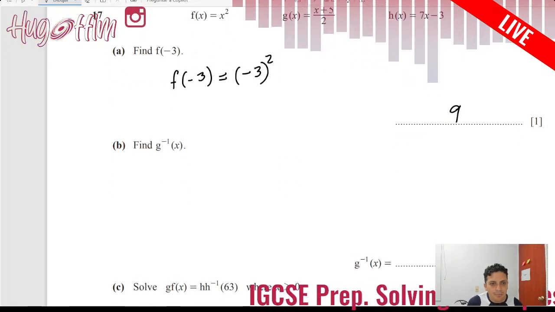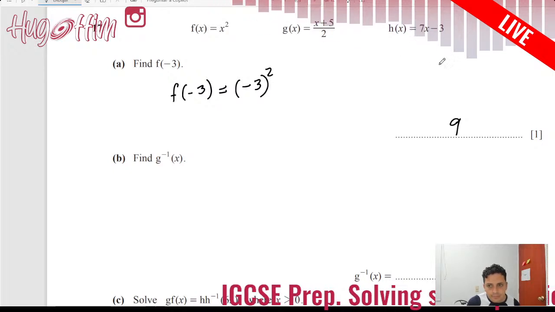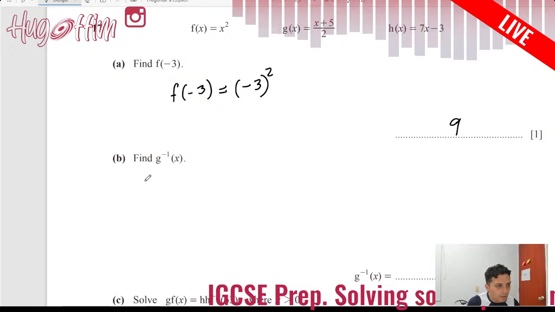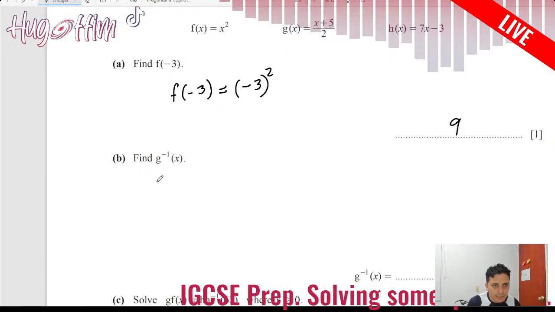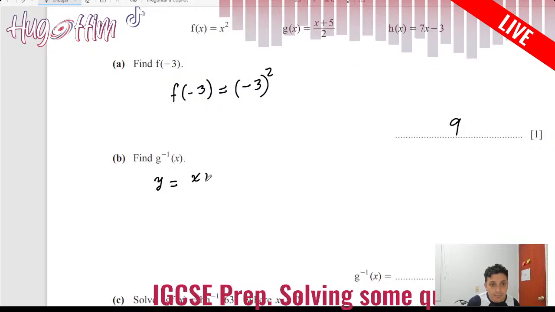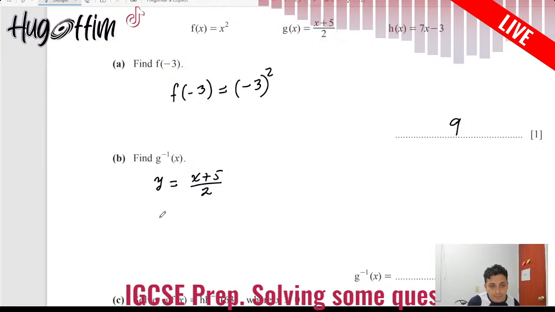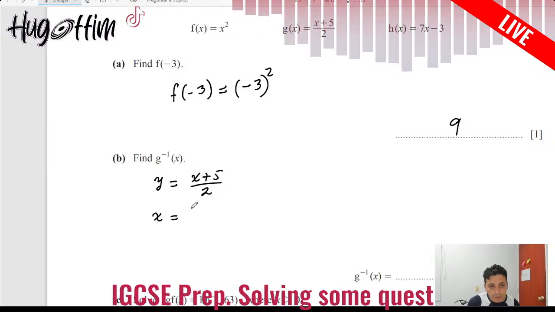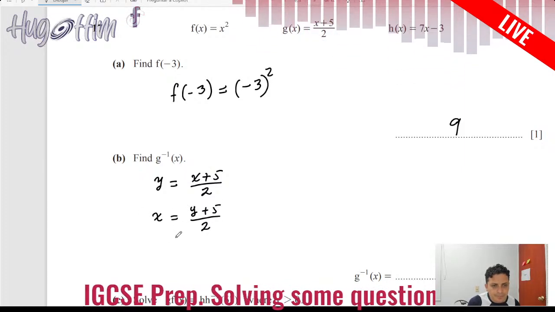Find the inverse of g of x. I'm sorry if you listen that noise. So g of x is x plus 5 over 2. Remember that you can interchange variables because you're going to find the inverse.